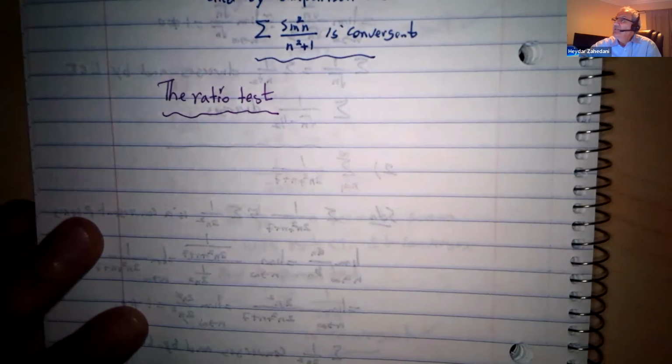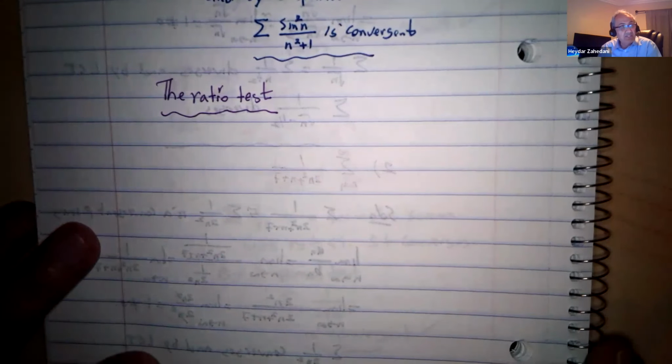Remember, for the time being, we're just dealing with series with positive terms. We will take care of the case when the terms are not positive later. It's a very easy test, and we are going to use it after your quiz, especially in the end part of the course, which is going to be the power series. That's why I want to introduce it early, so you get used to it.